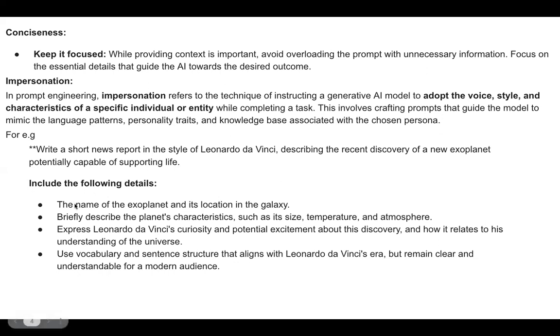And see, we're telling it to include these details: the name of the planet, location, galaxy, describe the planet's characteristics such as size, temperature, everything. Express Leonardo da Vinci's curiosity and the potential excitement about the discovery. Use the vocabulary and sentences that align with his era. Okay, so this entire thing is a prompt.